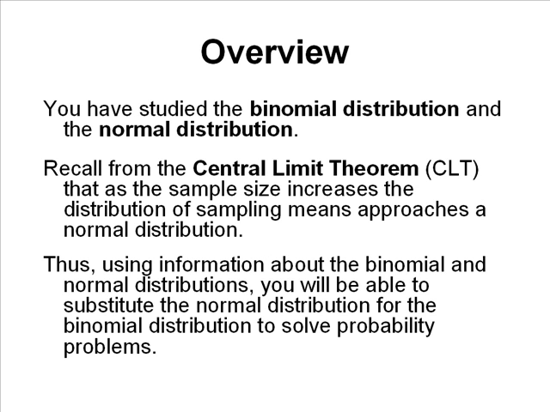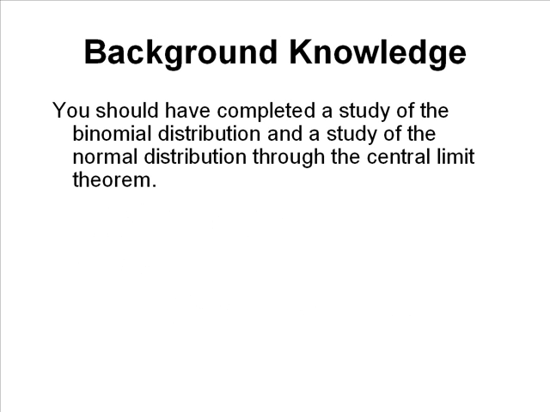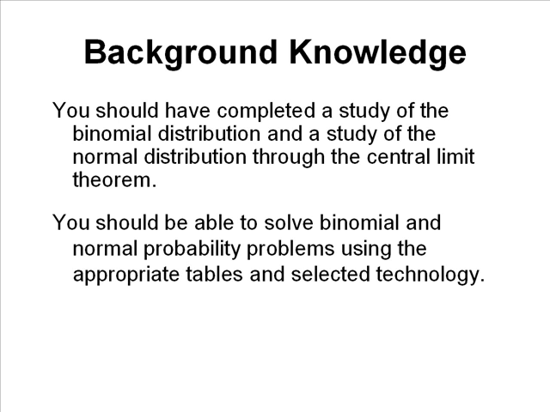You have completed a study of the binomial distribution and a study of the normal distribution through the central limit theorem. You should be able to solve binomial and normal probability problems using the appropriate tables and selected technology.